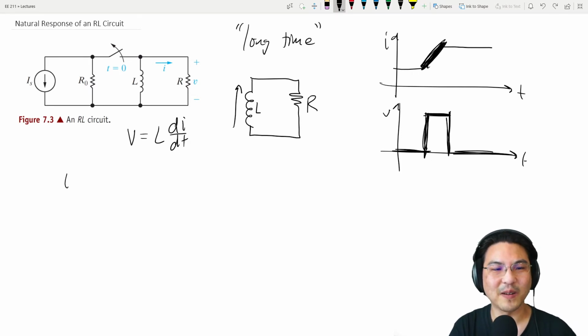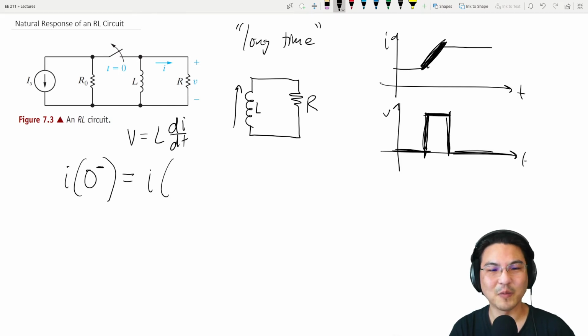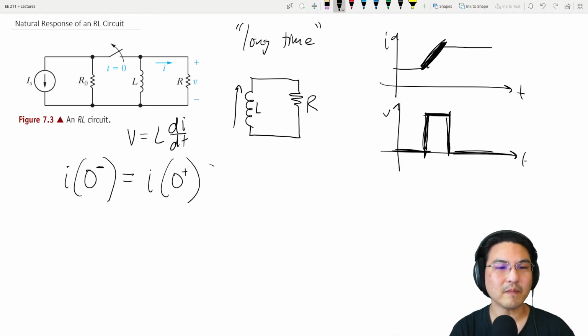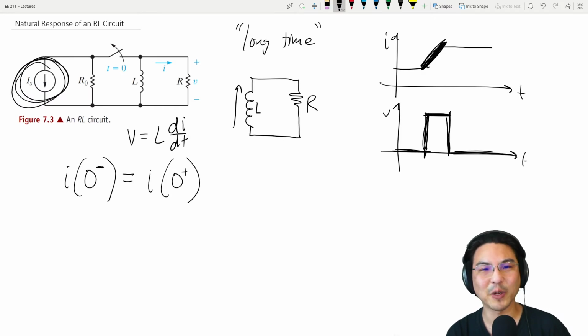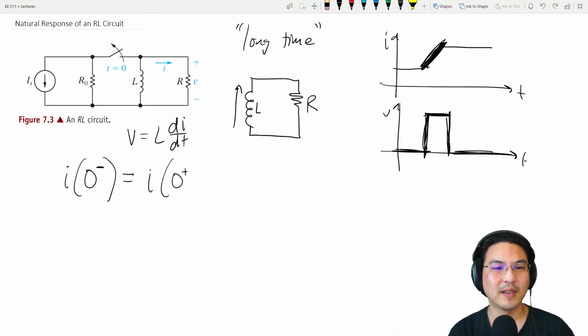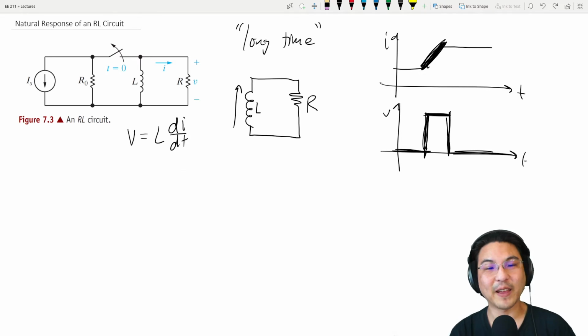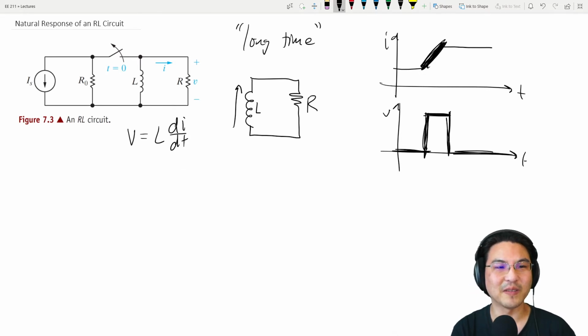So that means the current at time 0 approaching from the left side, the limit as it approaches from the left, has got to be the same as the current at 0 when the limit approaches from the right. So if it was this before we open the switch, it's got to be this immediately after we open the switch. But then what happens after that when t is greater than 0?